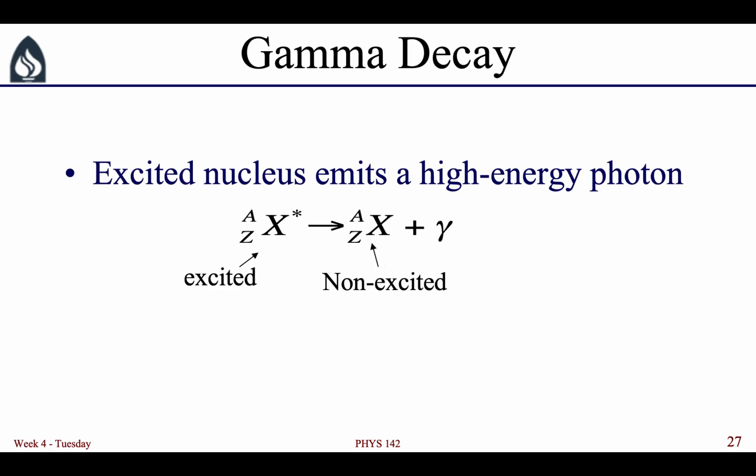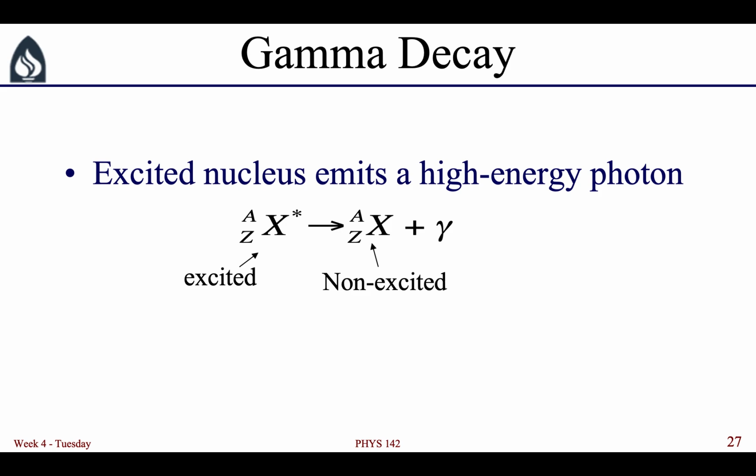The third kind of radioactive decay that we want to talk about today is gamma decay. In gamma decay, an excited nucleus emits a very high energy photon and becomes less excited. Because it's just emitting the photon and losing some of its energy, but not changing what kind of particle it is, the daughter nucleus is the same nucleus as the parent nucleus.